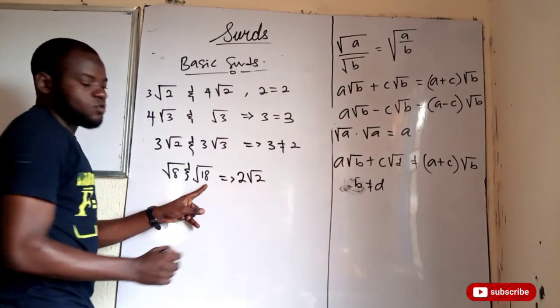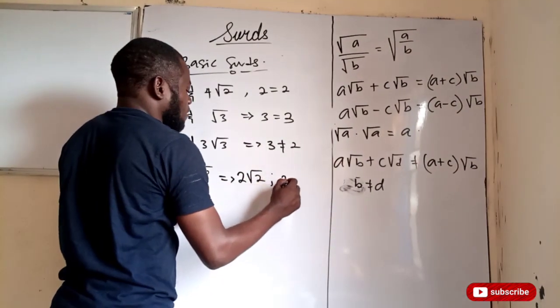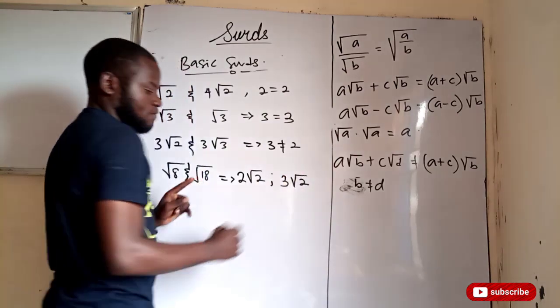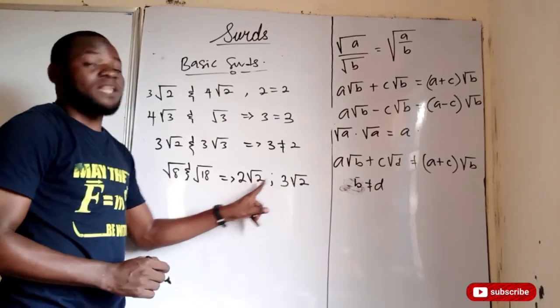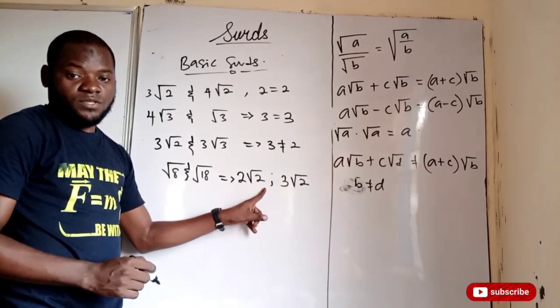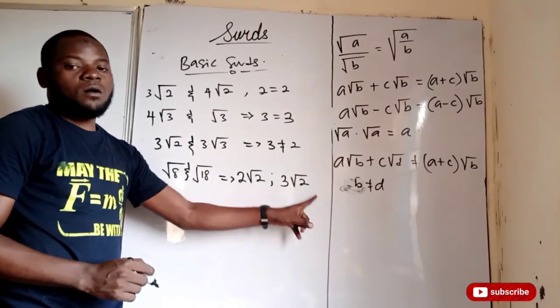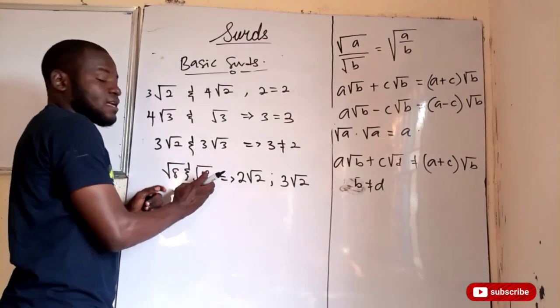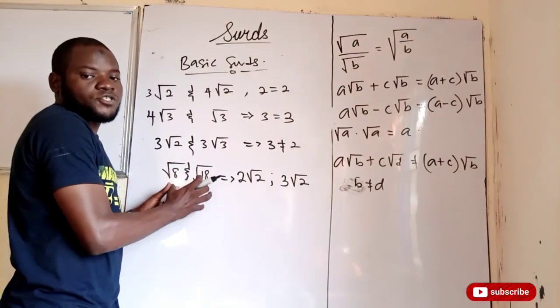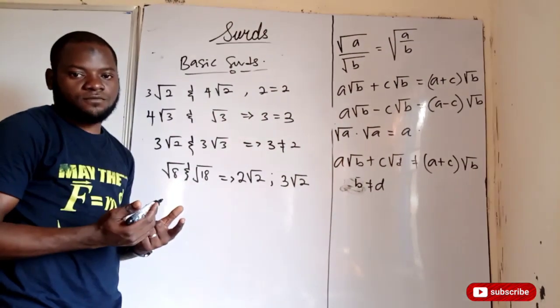And if I write this one in its basic form, I will have 3 root 2. So they both have the same number under the root. Are we there now? That's why root 8 and root 18 are also similar surds.